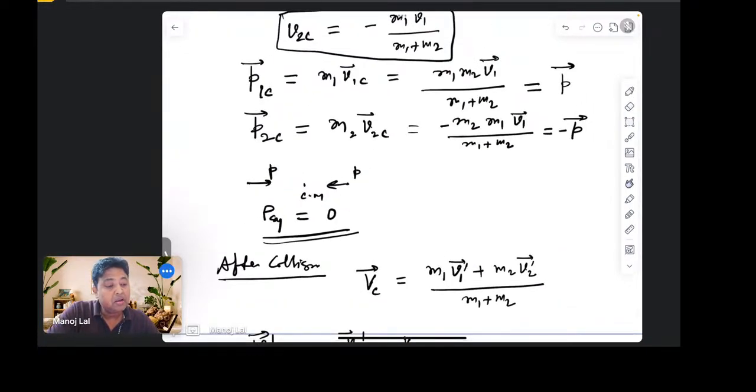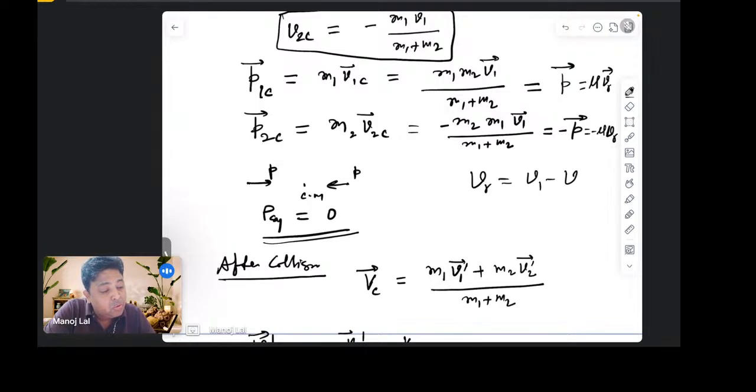P1 I got this, and again I can say this is mu into V relative, and this I can say is minus mu into V relative. Here V relative is V1 minus V2, where V1 is V1 and V2 is 0. So V relative is V1.